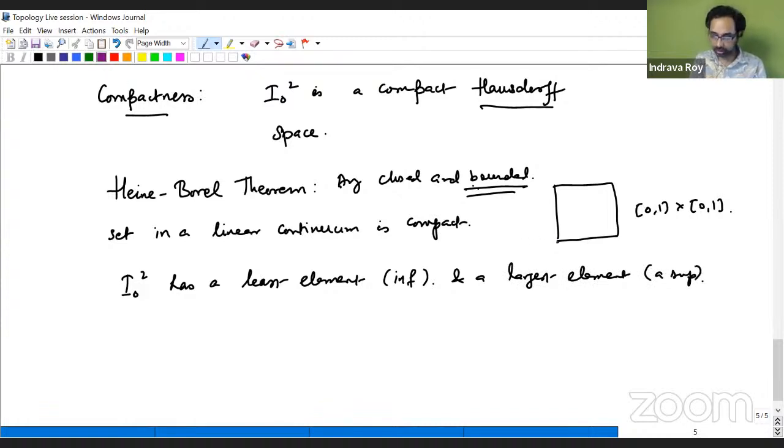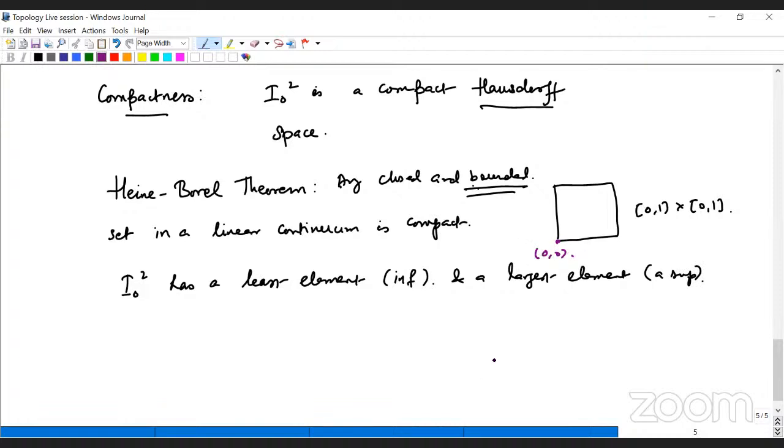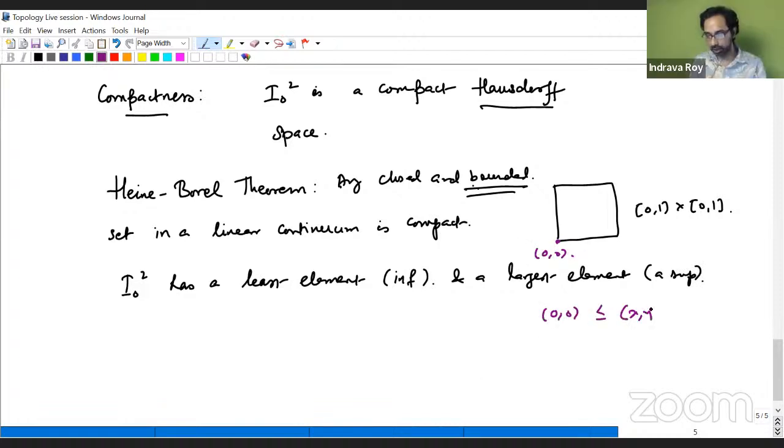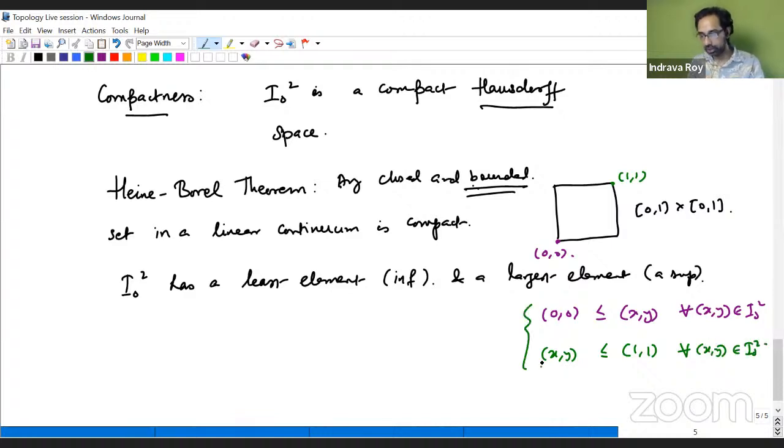The infimum is just this point (0,0). So (0,0) is less than or equal to (x,y) for all (x,y) in I0 square. Similarly, (1,1) is the supremum. So (x,y) is less than or equal to (1,1) for all (x,y) in I0 square. So these are the smallest and largest elements, the least element and largest element.